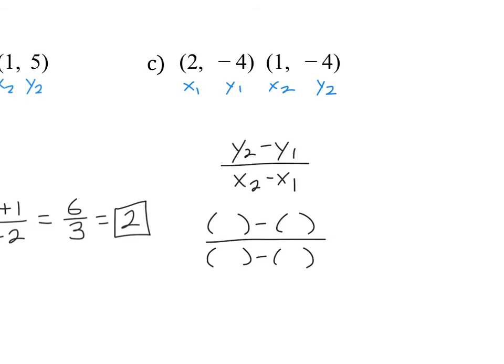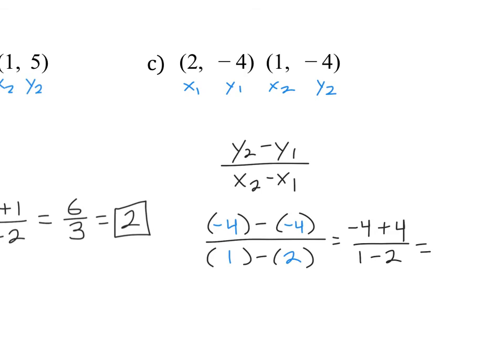I see that y2 is -4, y1 is also -4, x2 is 1, and x1 is 2. So now let's rewrite this as -4 + 4, because remember, whenever we have two minus signs next to each other, they become a plus sign. And then here we have 1 minus 2.